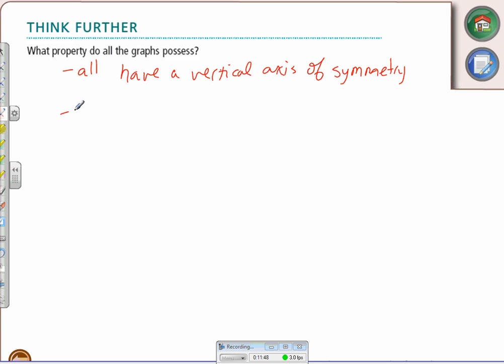But they also have another one, and that is that they all have a horizontal asymptote at y equals 0. Because you cannot get a reciprocal function to equal 0, it's going to have a horizontal asymptote at y equals 0.